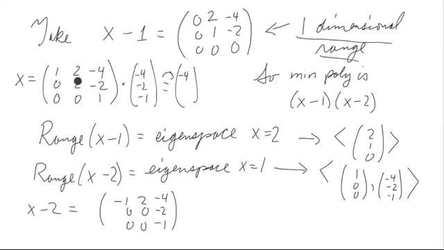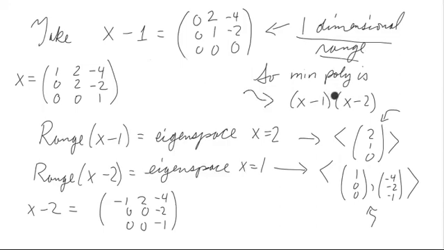In this case, the dot product of -4 and +2 is -2. Here just -1 times that is -1. It worked. So we get 2 eigenspaces associated with eigenvalues. One has dimension 2, one has dimension 1, and we have the bases of them. All we had to do was look at the ranges of these, and knowing what the minimal polynomial was enabled us to do that.